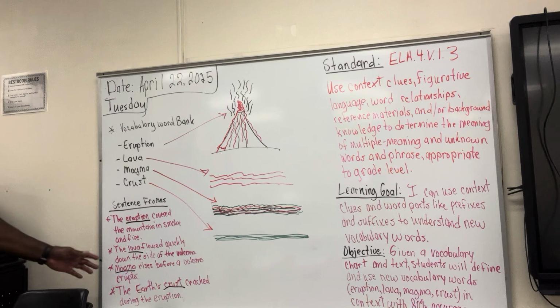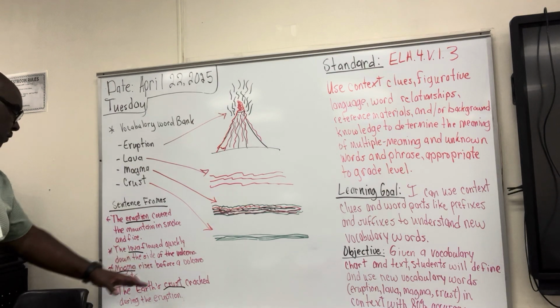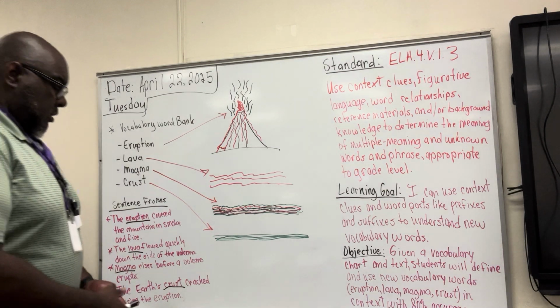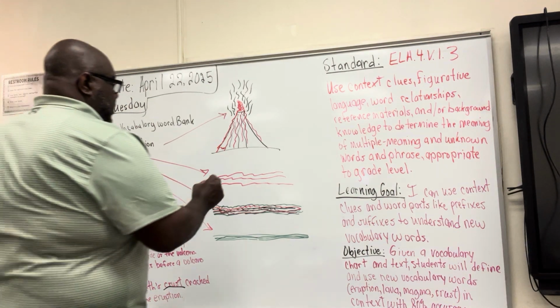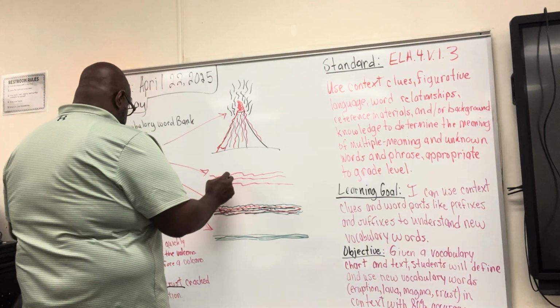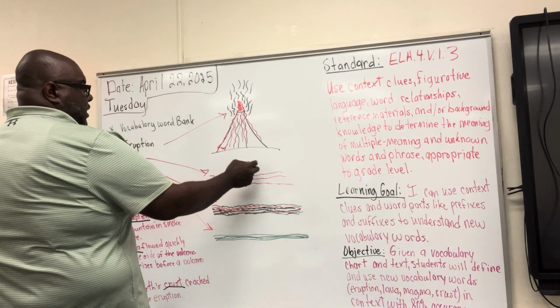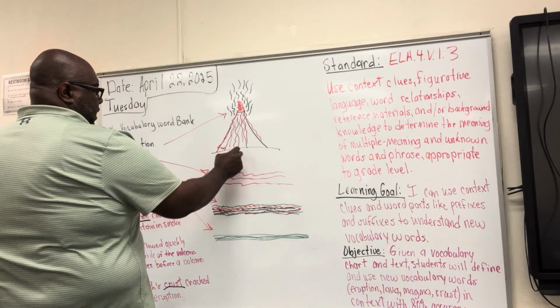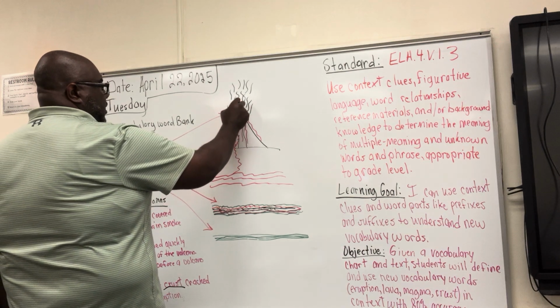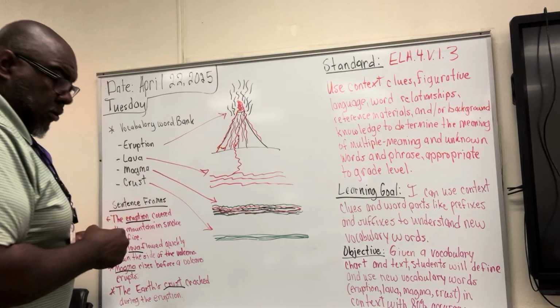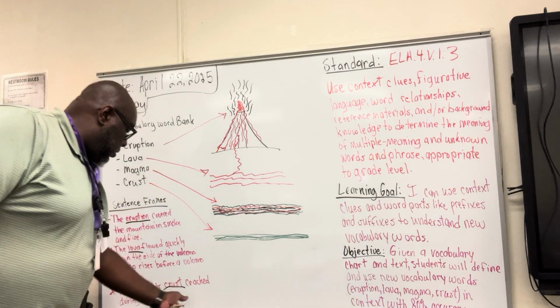All right, the third one, magma. Blank rises before a volcano erupts. So we're going to demonstrate this a little bit. We got this stream of magma down here in the earth. So it's starting to rise. It's going through the volcano, making its way up on the inside till we get to here, and then we have an eruption. Boom, bang, loud noise.